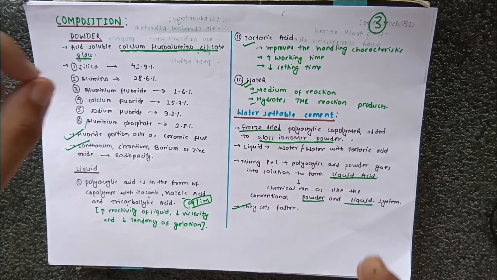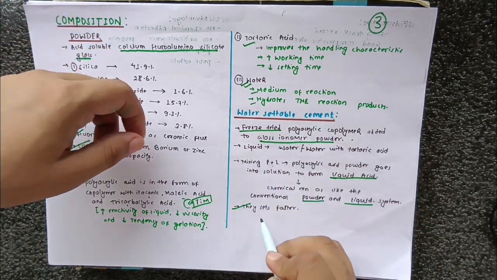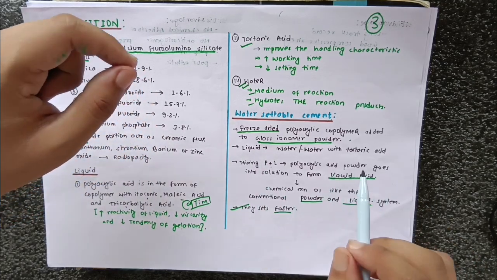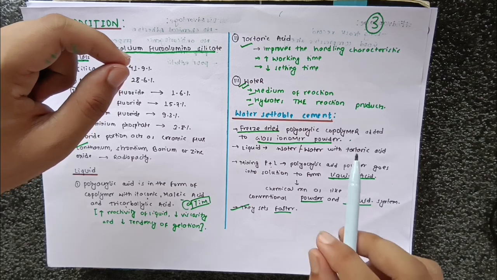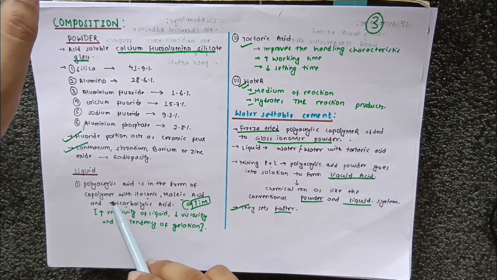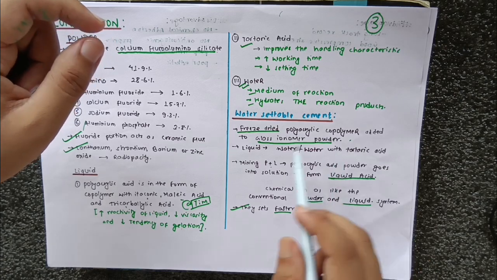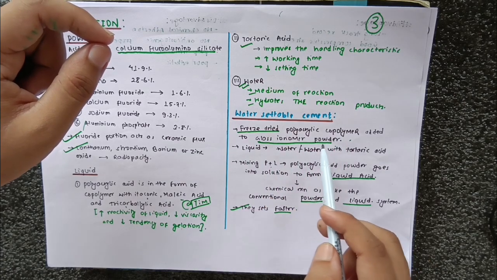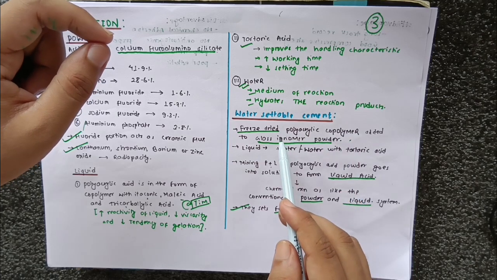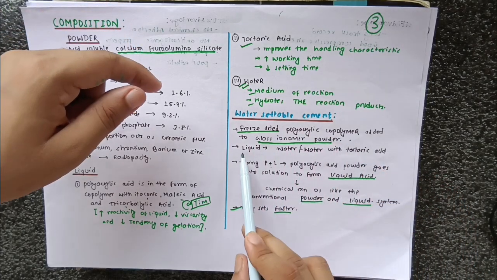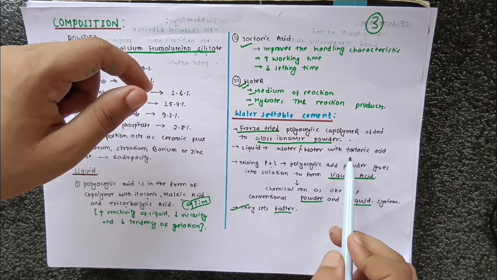The advantage of water settable cement is that it sets faster. I will tell once again. In water settable cement, we take the freeze dried polyacrylic copolymer that we were using in liquid form in the conventional GIC and add it to the glass ionomer powder, so it is in powder form. In the liquid we take water, or water with tartaric acid.